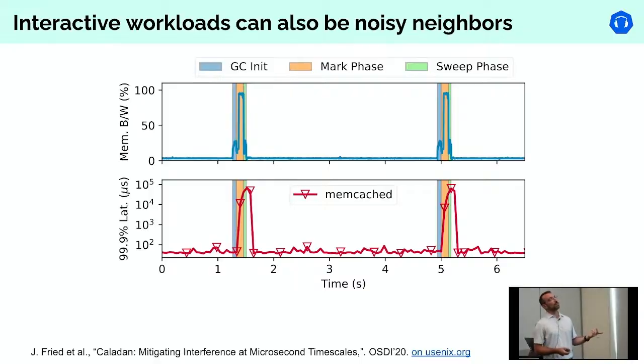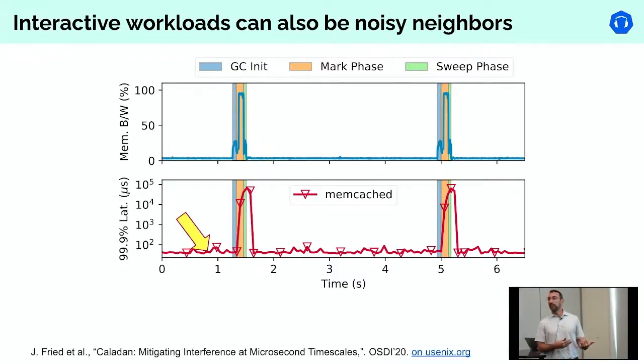So in this experiment, MIT researchers ran a garbage collected workload next to Memcache. And you can see on the top graph, you have the memory bandwidth on the system. It's very low while running the experiment. But as the mark phase of the garbage collector starts, the memory bandwidth spikes up a lot, right? Basically saturating.